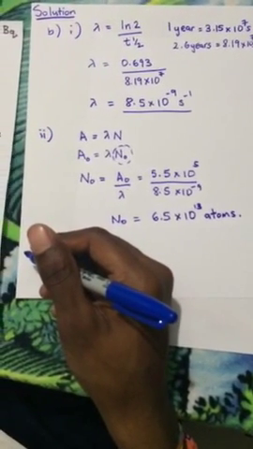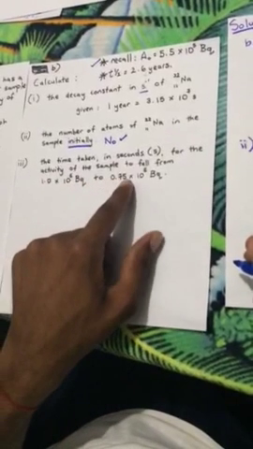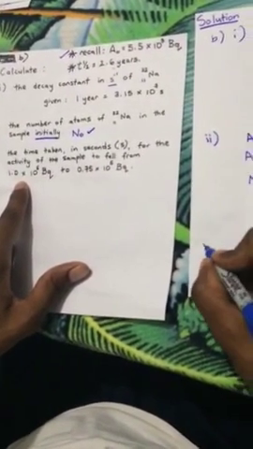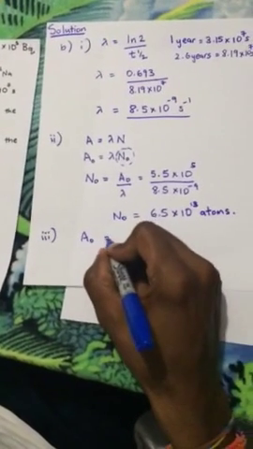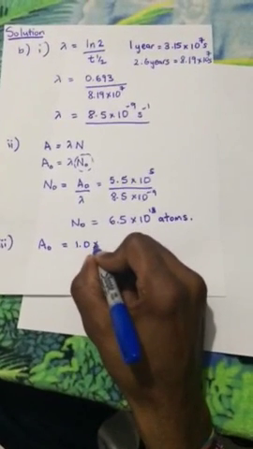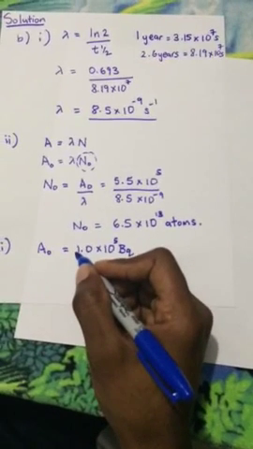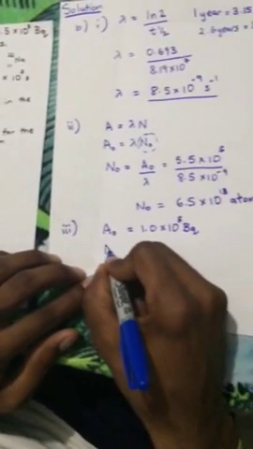Now, the final part of the question asks us to calculate the time taken in seconds for the activity of the sample to fall from 1.0 times 10 to the 5 becquerel, so that's our initial activity in this case, to 0.75 times 10 to the 5 becquerel.